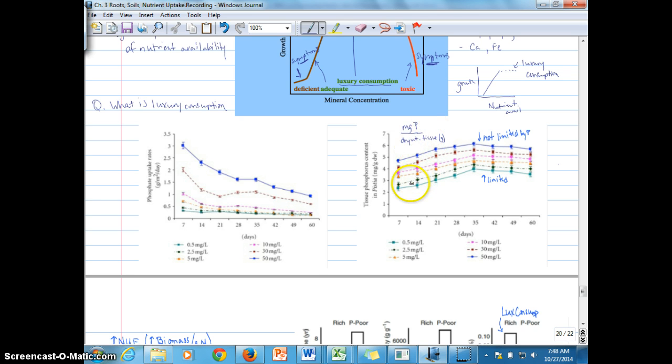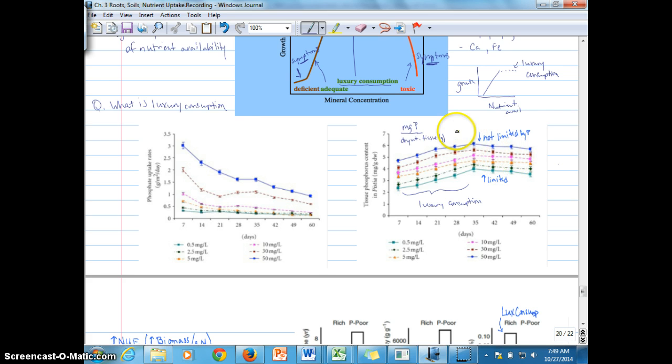If the mass stays the same, assuming luxury consumption is going on in this part of the graph, and the phosphorus content in milligrams increases, then we're going to see an increase in concentration over this time period. Then it starts to level out, where it's no longer taking up as much phosphorus relative to the amount of biomass, or perhaps the plant starts to grow at this point.